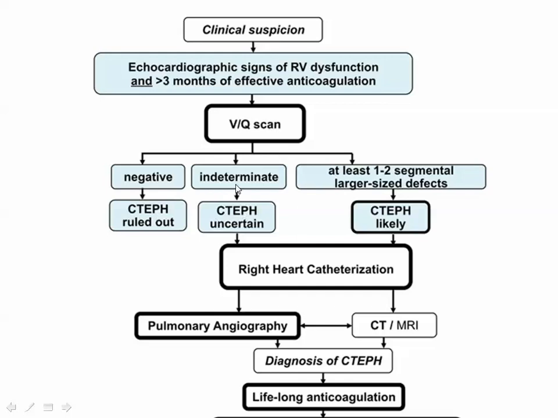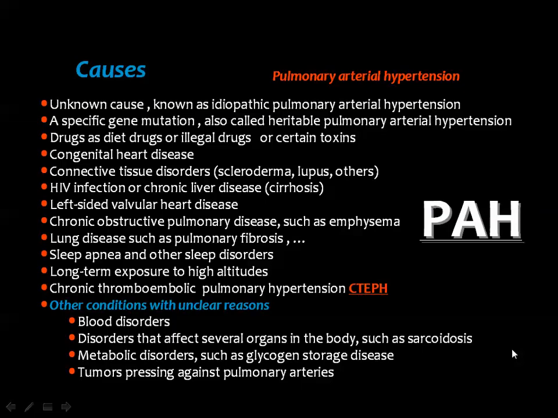If it is indeterminate, there is a question about CTEPH. If you detect at least 1 or 2 segmental large size defects, then the diagnosis of CTEPH is most likely, and you proceed to right cardiac catheterization, or to do pulmonary angiogram, or to have a CT or MR angiogram. Then you can see the signs of CTEPH, and then you proceed with lifelong anticoagulation.